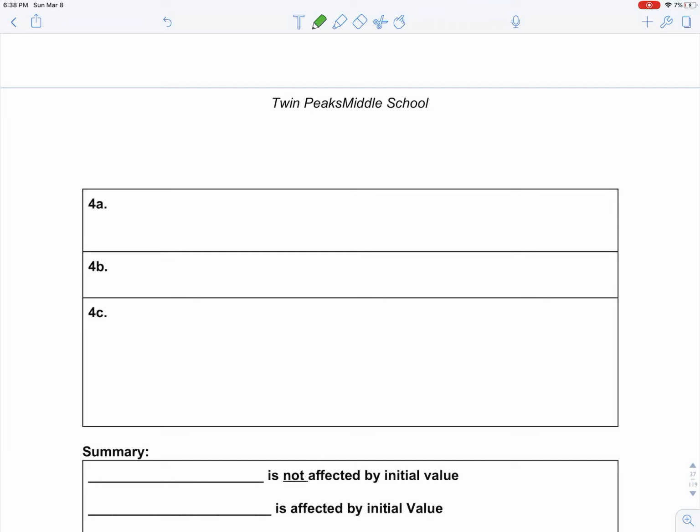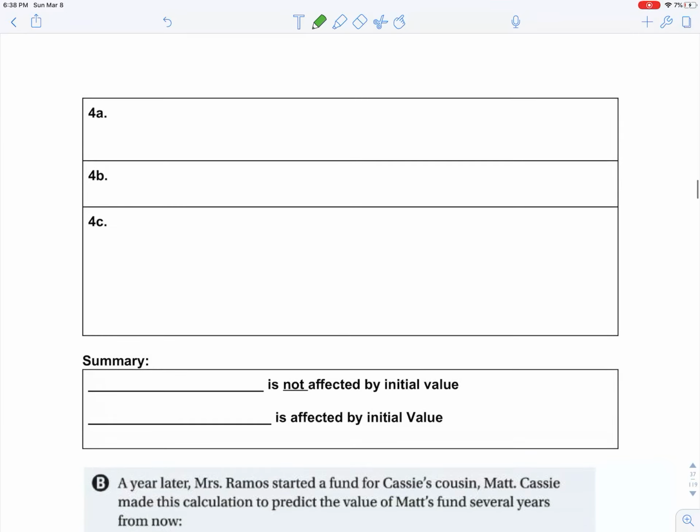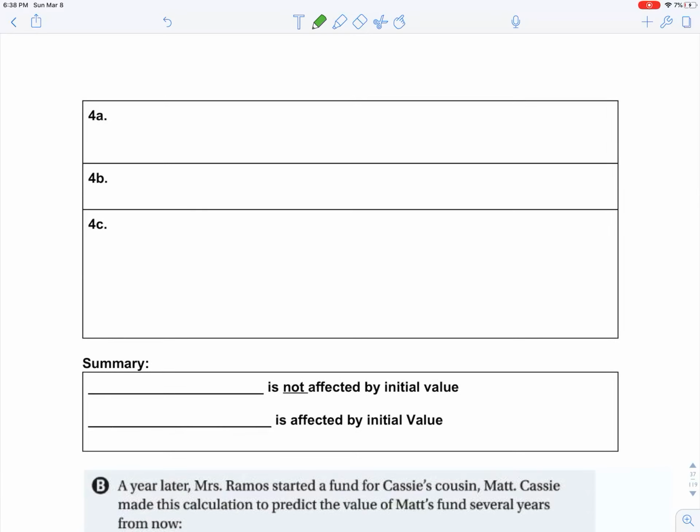I don't think it really does. So we'll say that the initial value doesn't affect the yearly value increases. Right? Because we're increasing by 4%, that growth rate remains the same.